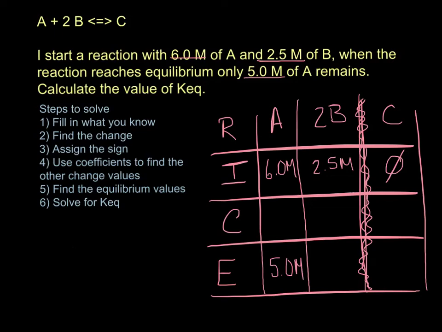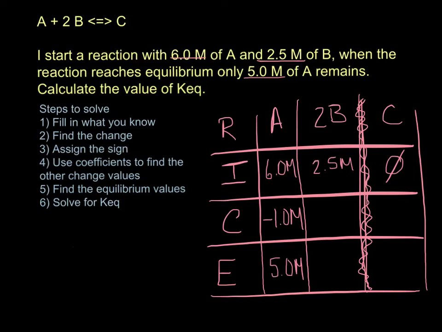Alright, so that was step 1. The next step is to find the change. So in this case, we have a start and an end for the initial of A and the final of A. So we know that the difference was that it decreased by 1.0 molarity. Now, the change is related to the coefficient, so we need to keep that in mind. The next part is to assign the sign.